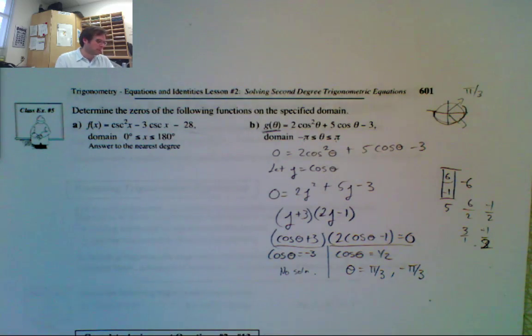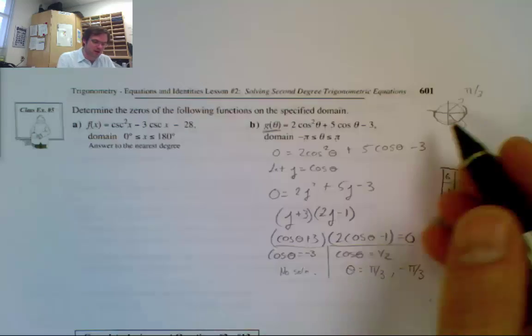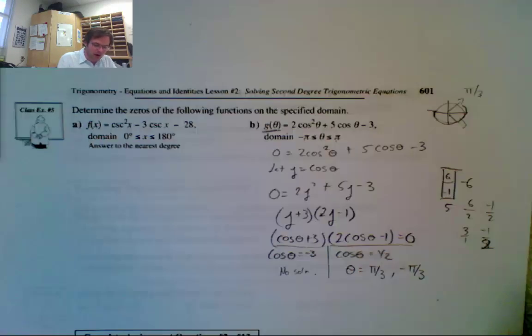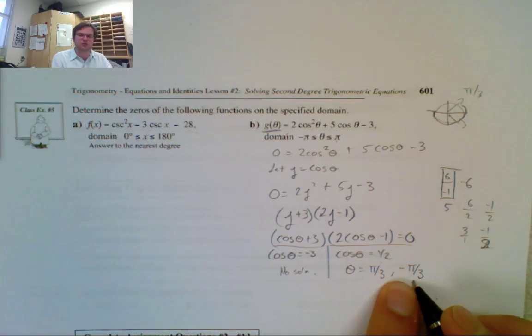Okay, so when I look at this here, we want to find all of my solutions that fit between pi and negative pi. So if I add 2 pi to this, that's going to be too big.